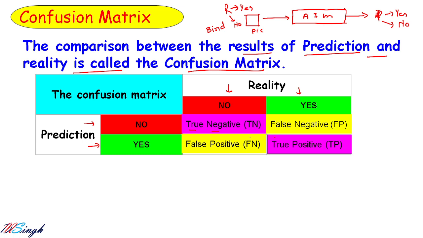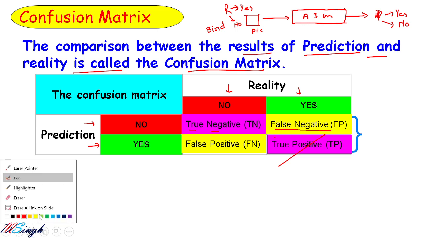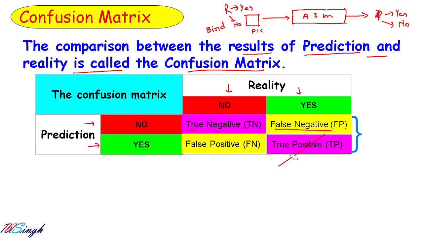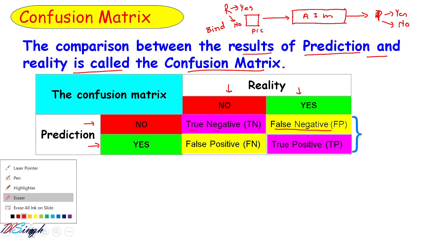Let us see the first formula. Here you can see we need to consider these two cells, this one and this one: true positive, and you have false negative. These two things you need to keep in mind: true positive and false negative.